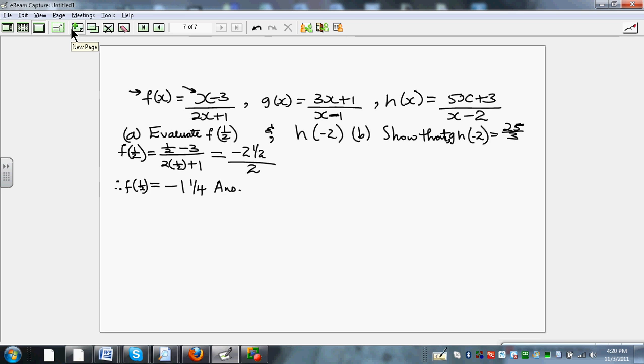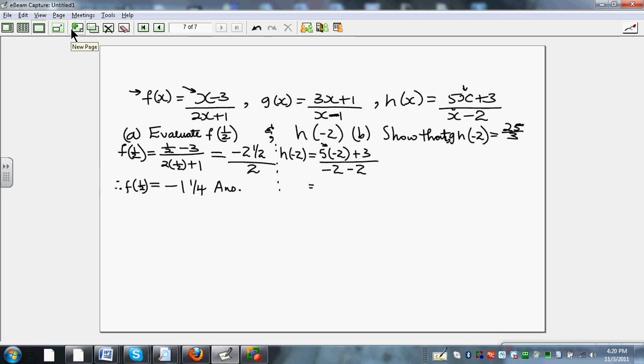But we also had to find out what h of minus 2 is. So to get what h of minus 2 is, all we'll do is say h of minus 2 will be equal to, we'll place minus 2 for x here and here. So it becomes 5 by minus 2 plus 3 over minus 2 minus 2. All we did was replace the x with minus 2. So 5 by minus 2 is minus 10.